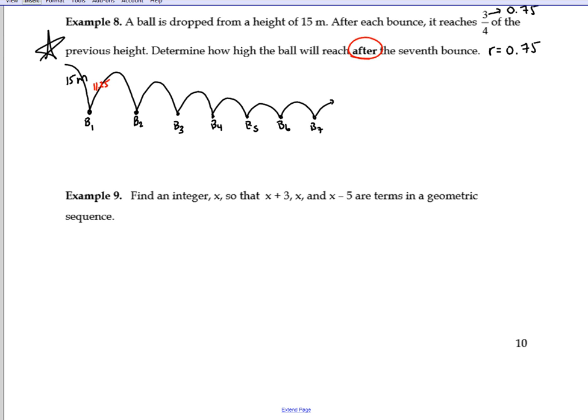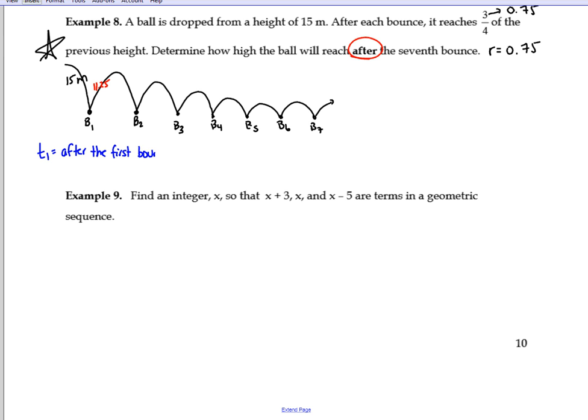So here's my recommendation to you. There's 2 ways to set up this problem, and I find the easiest is always make term 1 after the first bounce. I'll do both ways, but it's less confusing, I find, if term 1 is after the first bounce.